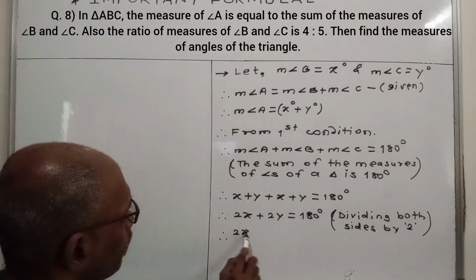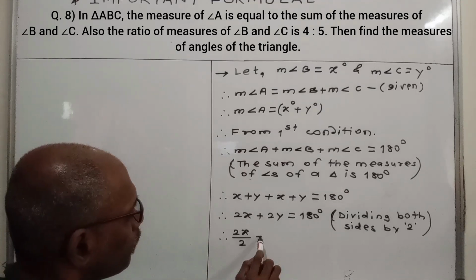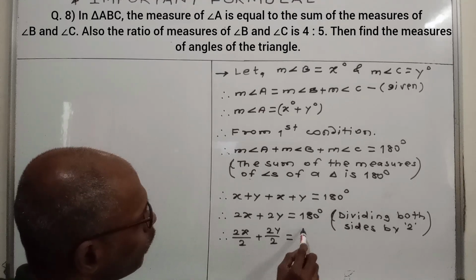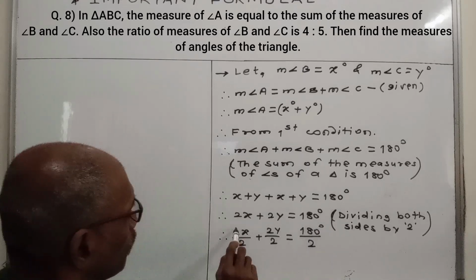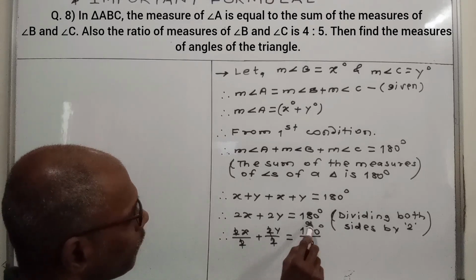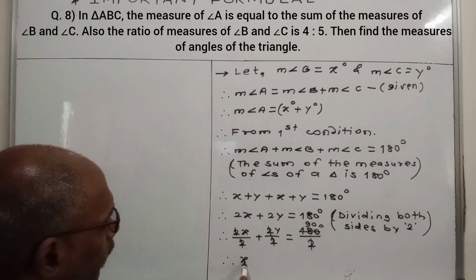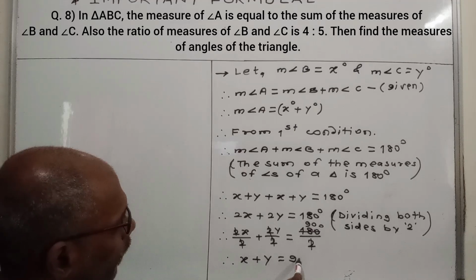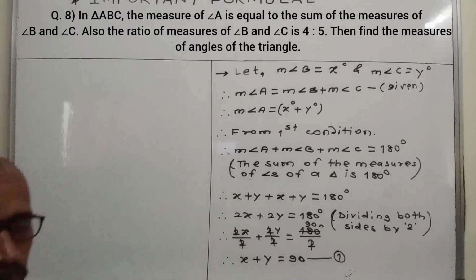Therefore, 2x upon 2 plus 2y upon 2 is equal to 180 degree upon 2. 2 cancelled, 2 nines are 18, okay. Therefore, x plus y is equal to 90 degree, but don't write here degree. Equation number 1. Did you get it?